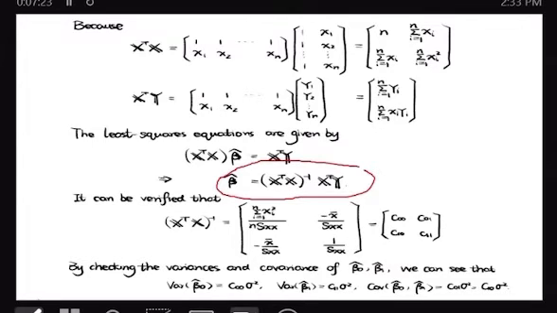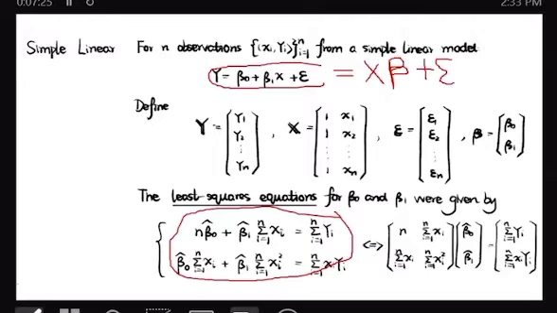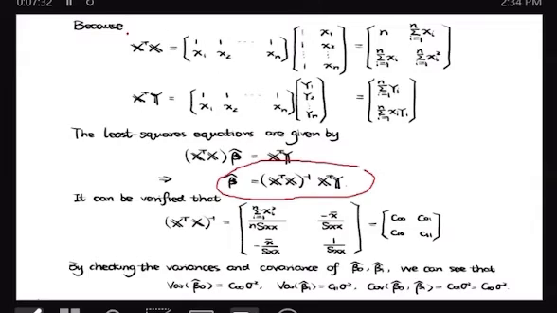Since I've already started with the specification matrix for each of the variables, what I'm going to do is take a look at this now. I'm going to start from that. The X transpose: if this is X, this is going to be the transpose of that. Multiplying that by that is going to give me this.